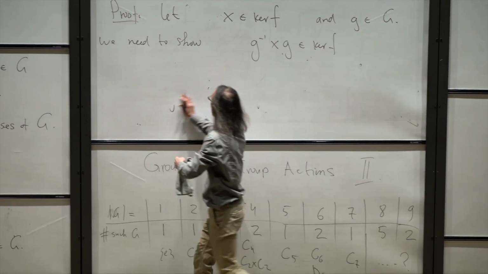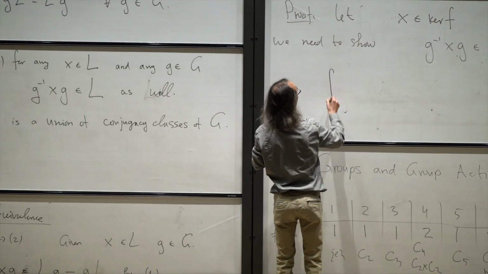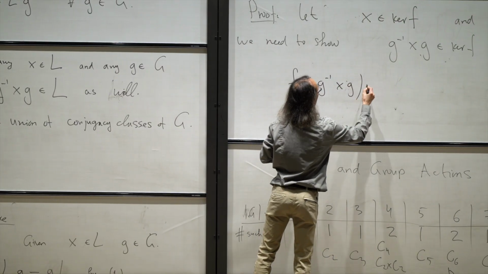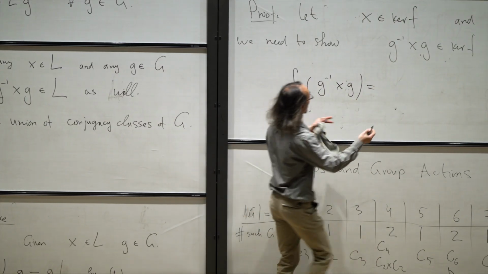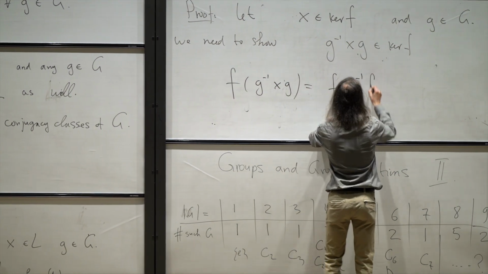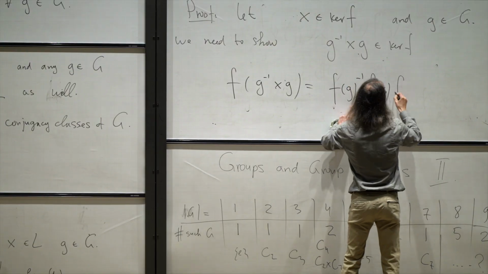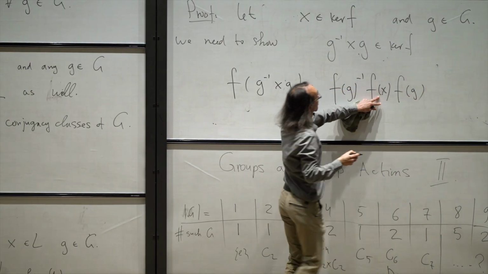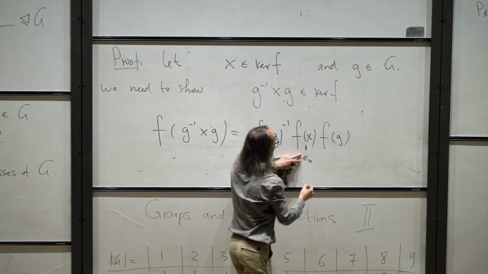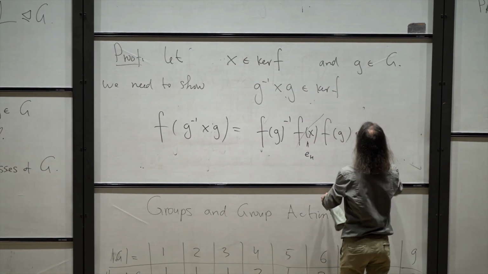And of course, how do I check it? I just apply F to this element. F of G inverse XG is now, by the property of homomorphism, we know that this will be F of G inverse times F of X times F of G. But X is in the kernel of F, so F of X is the identity in H. So I can just cancel it out.